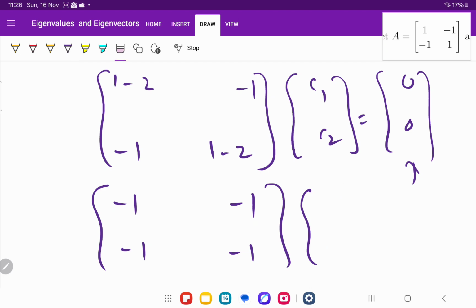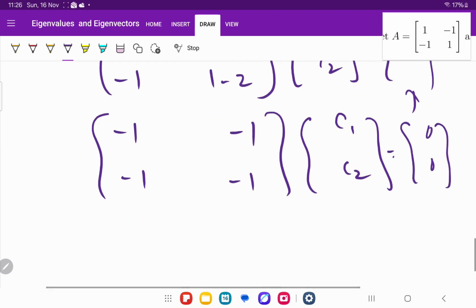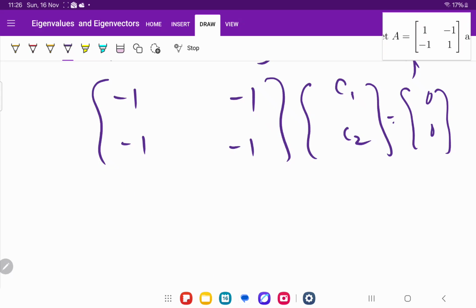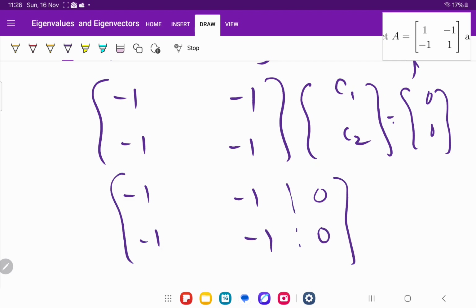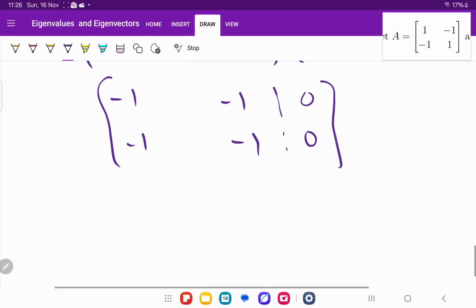C1, C2, equal to 0, 0. Now we proceed to write the augmented matrix: minus 1, minus 1, 0; minus 1, minus 1, 0, separated by a dotted line.